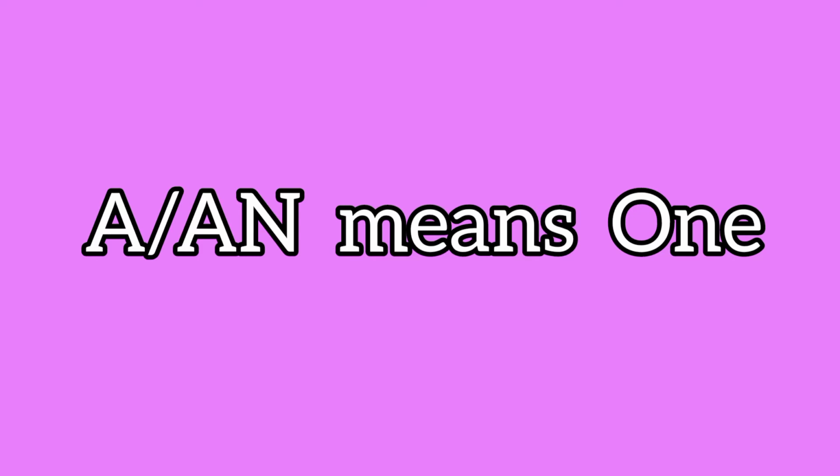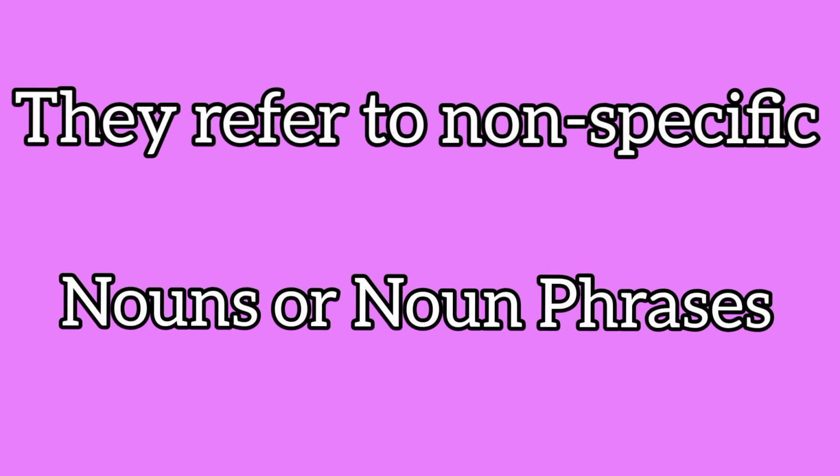A and an refer to one indefinite or non-specific person or place or a thing. By non-specific and non-particular I mean a person or a thing or a place I do not know very well already, or that I am mentioning or introducing for the first time in my conversation, in my sentence.